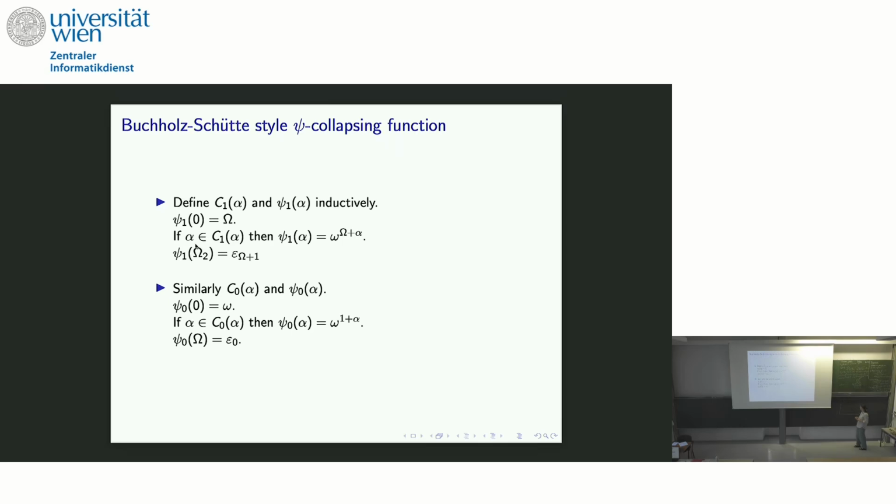So how this works is that I'm going to define psi 0 alpha together with C0 alpha. C0 alpha contains ordinals that I can build using addition, the natural numbers, and an external point, which is capital omega, the first uncountable ordinal, or omega 1.